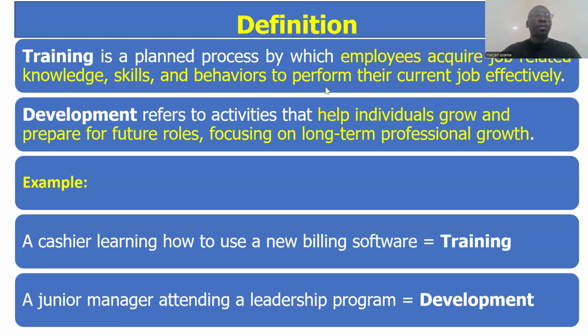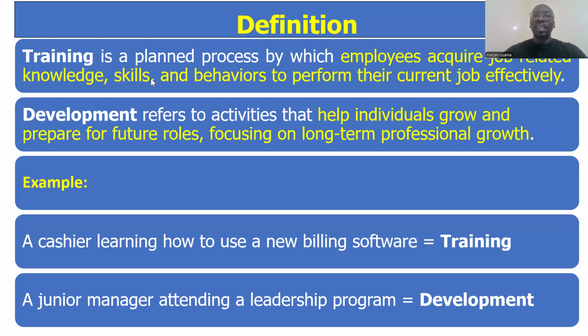Training is a planned process by which employees acquire job-related knowledge, skills, and behaviors to perform the current job effectively. So when we are talking about training, it is all about acquiring skills that are related to the job.